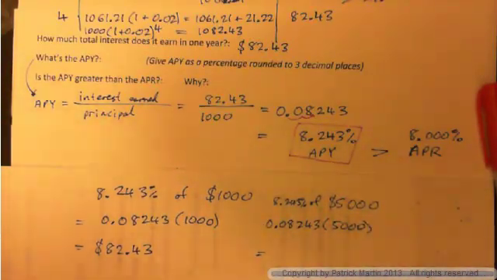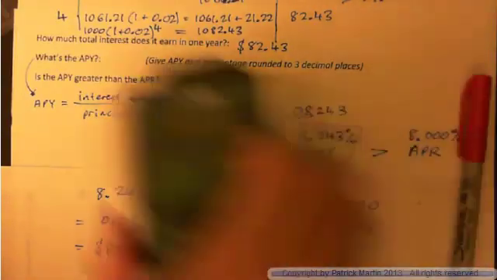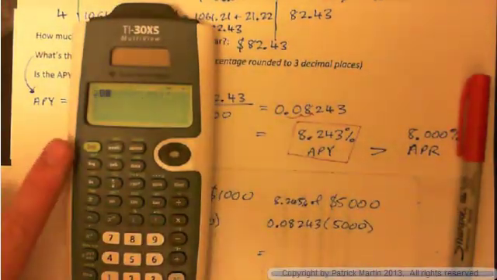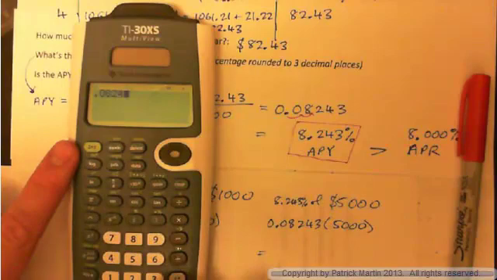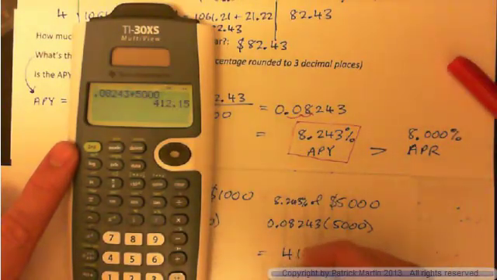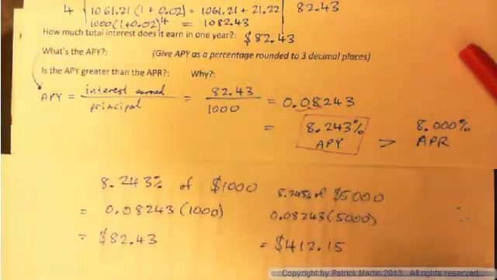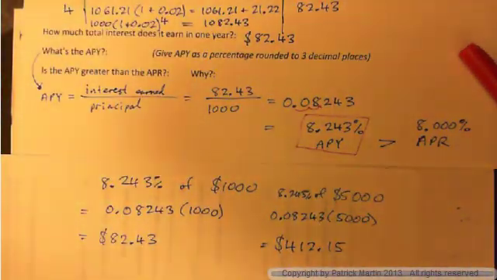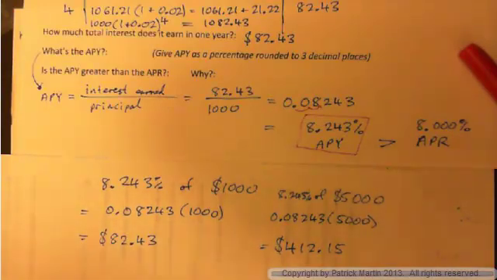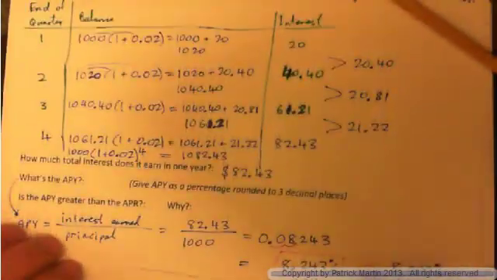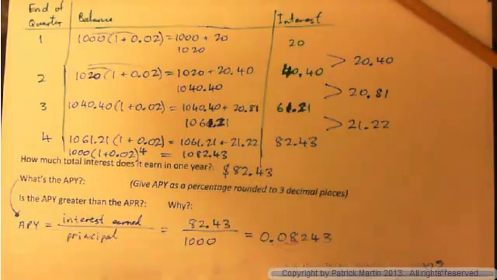Which is $412.15. So we can use the annual percentage yield to quickly calculate the interest we're going to get at the end of the year. That's all we need to know, right? No need for compounding.